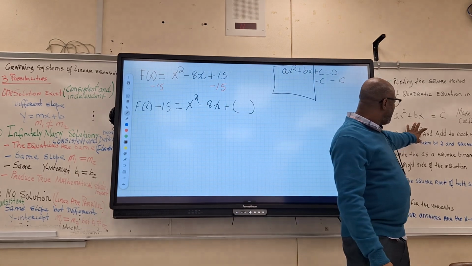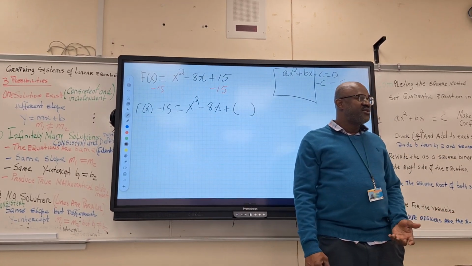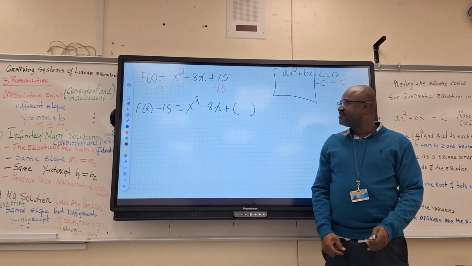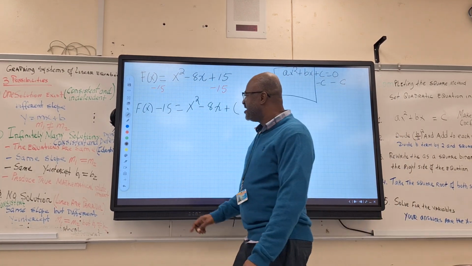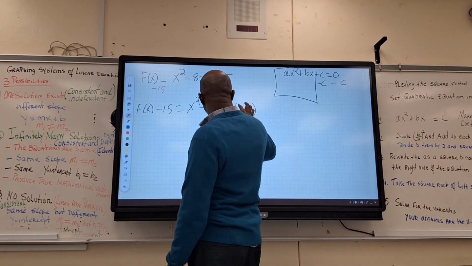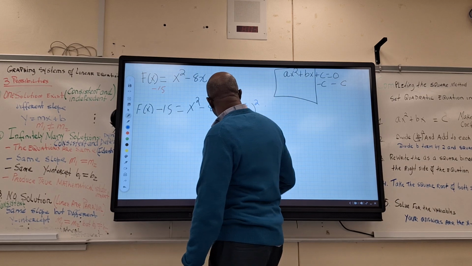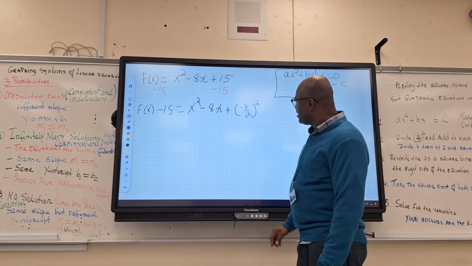So we're going to identify what the b term is, and we divide by 2, and we square it. In this case, what is b? Negative 8. You always take the b term, you divide by 2, then you square. Whatever you do on one side, you must do on the other side.